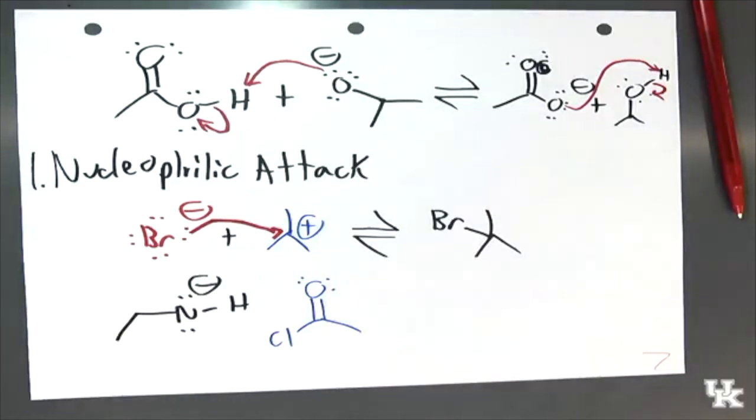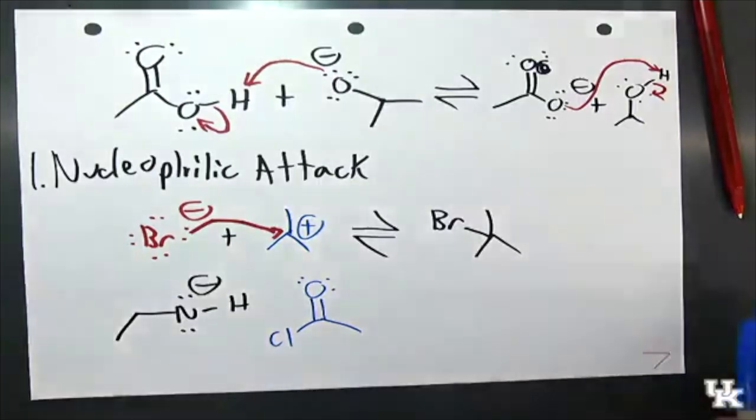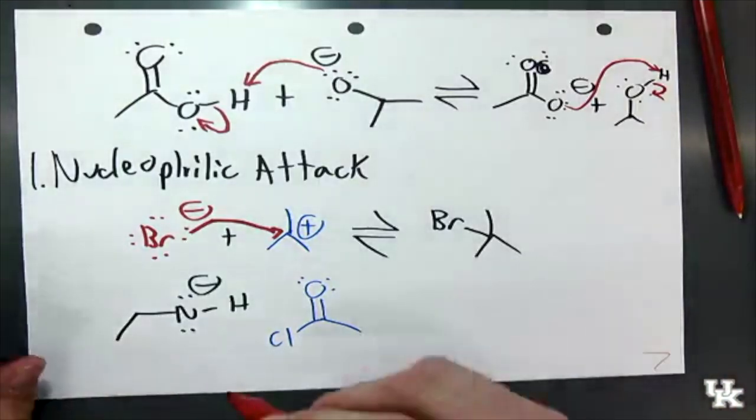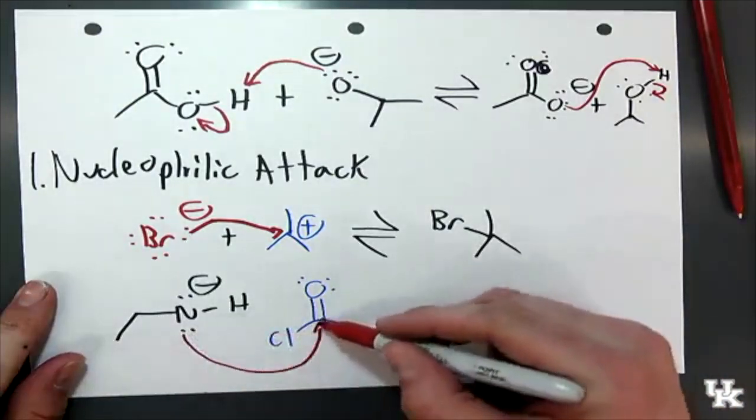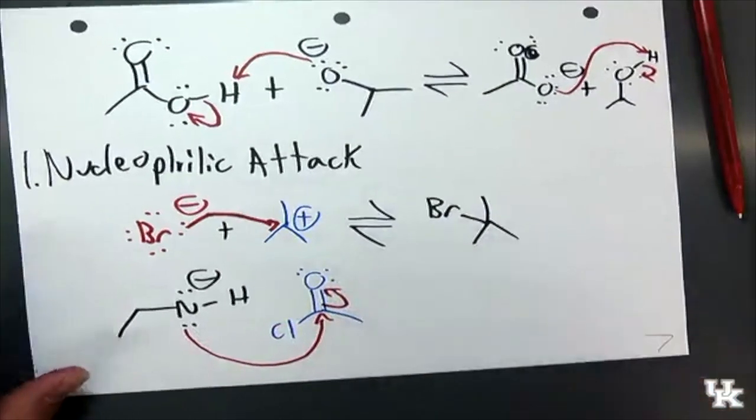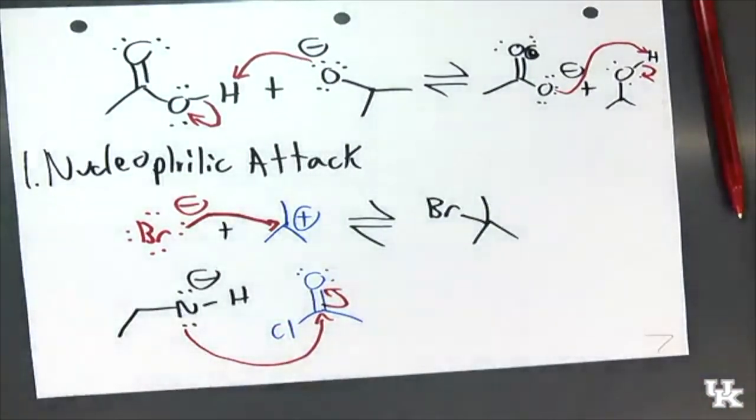So remember that nucleophiles have to attack something, and they're electrophiles, which have to be partially positively charged. That's going to be here, and you can draw them like this. You can draw that attack happening this way. Second arrow, it's fine. And that's the basics of nucleophilic attack for today.